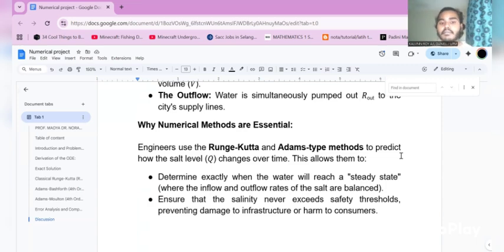When it is balanced, it ensures that the salinity, like the chlorine amount present inside the water, is safe. It doesn't exceed any safety thresholds, and it prevents damage to the infrastructure of the tank, as well as harm to the consumers who are using the water.